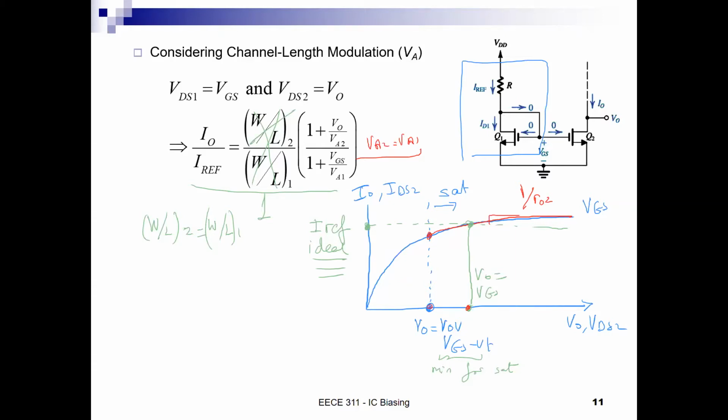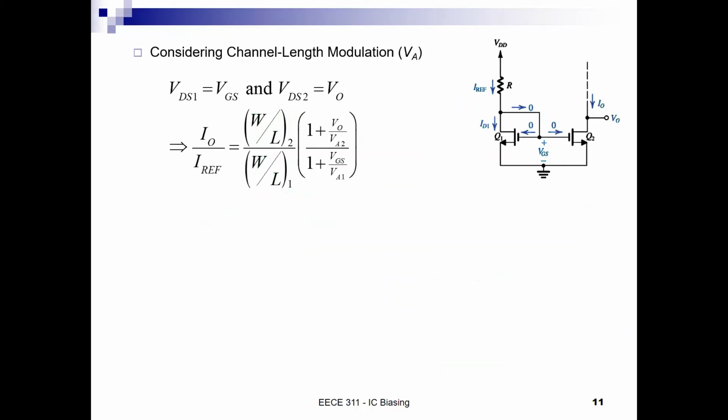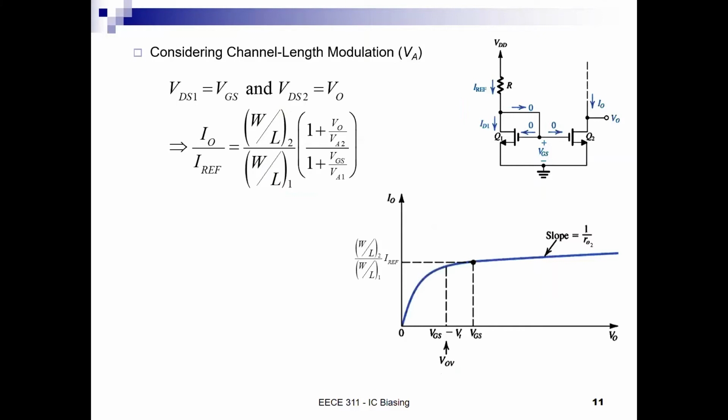Okay, so let us see what the graph on the slide is showing us. On this slide here, we can see that the ideal value, if the ratio of the W by L is not 1, is W by L2 over W by L1 times I reference.